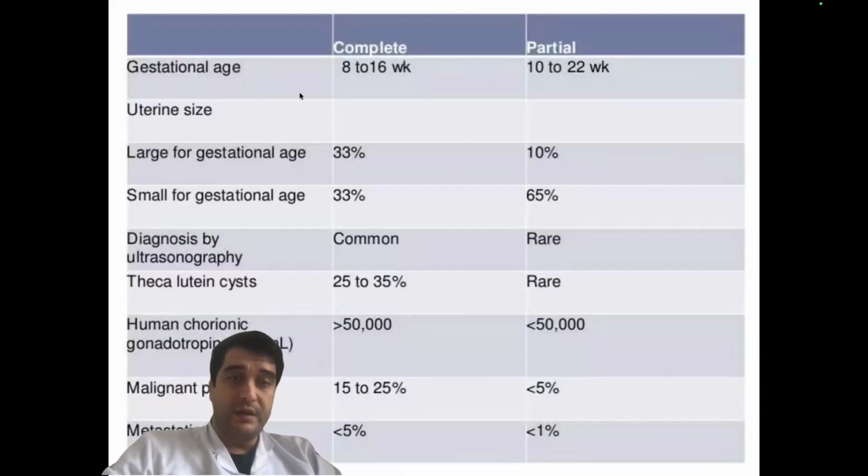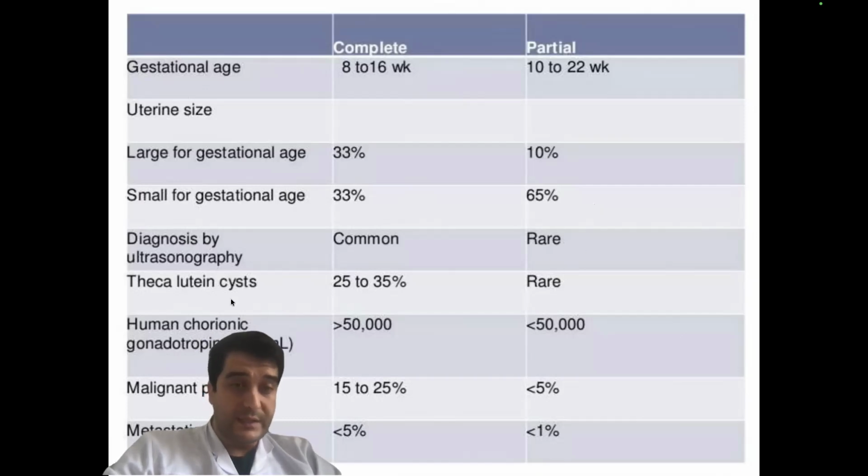Gestational age: complete is at 8 to 16 weeks, partial is at 10 to 22. Uterine size: large for gestational age is 33 in complete and 10 in partial; small for gestational age is 33 in complete and 65 in partial. Diagnosed by ultrasonography, commonly found in complete and rare in partial types.